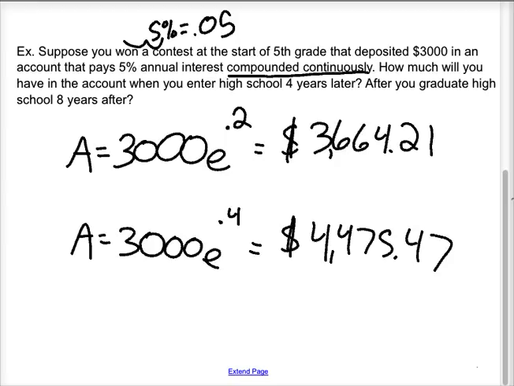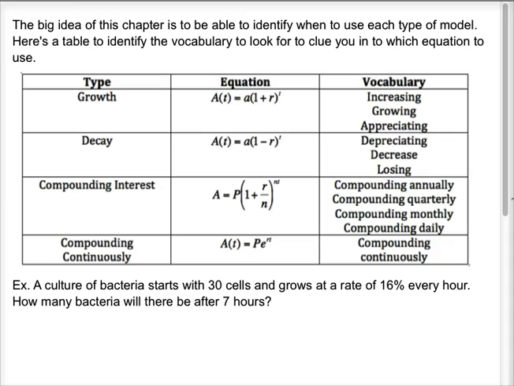And you may notice this formula is pretty easy to use. All you have to do is plug in the right values, get a single number for your exponent, and then type it into the calculator. One of the big ideas for this chapter is we have 4 situations we just encountered: growth, decay, compounding interest, and continuously compounding interest.